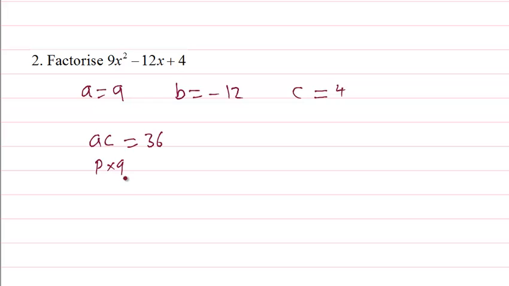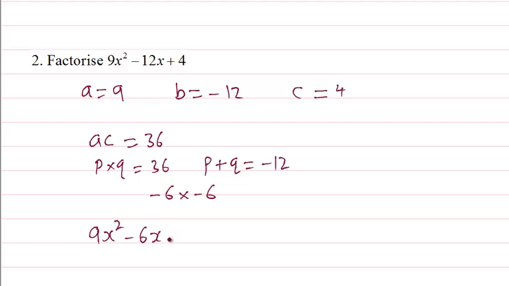So p times q is 36, p plus q is minus 12. So therefore we're looking for minus 6 times minus 6. So now instead of minus 12x, we can write minus 6x and minus 6x. So we have 9x squared minus 6x minus 6x plus 4.